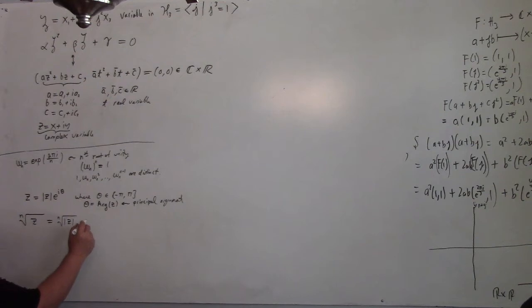And then you have e to the i theta over n. Here n is typically 2, 3, whatever, a natural number.